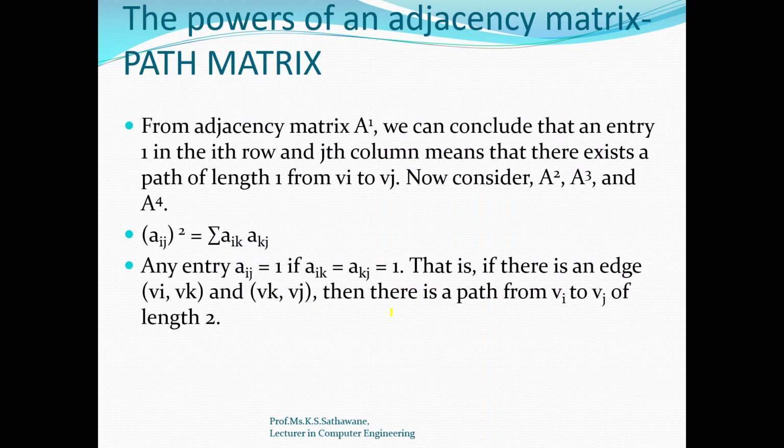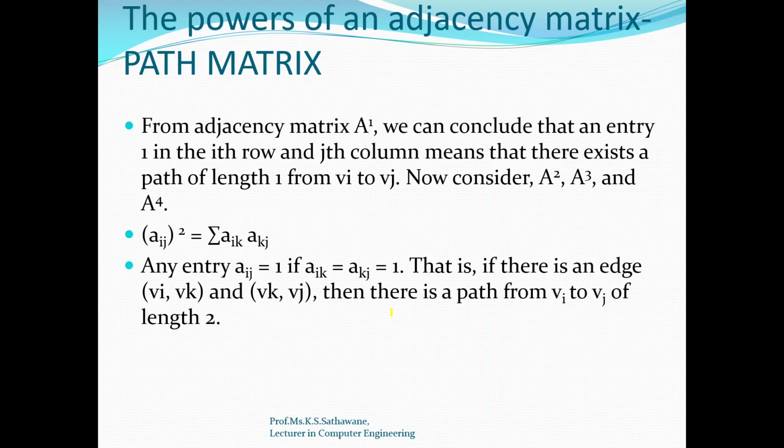So in the previous example, we have seen matrix A raised to the power 1. We can conclude that an entry 1 in the ith row and the jth column means that there exists a path of length 1 from Vi to Vj. Now consider A square, A cube and A raised to 4.